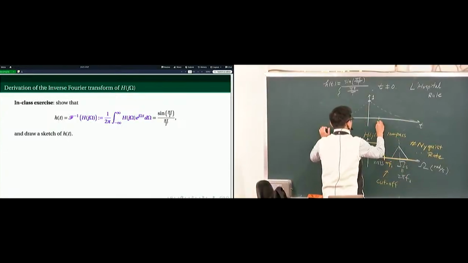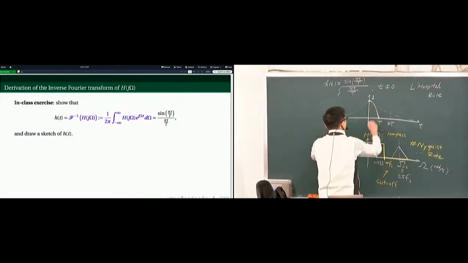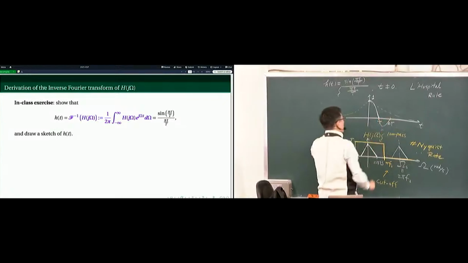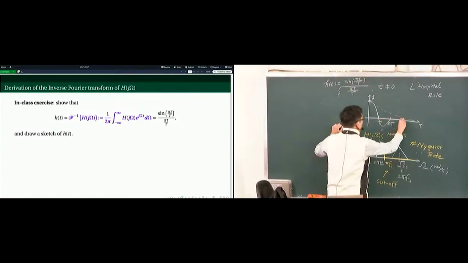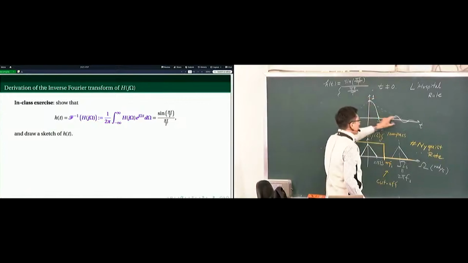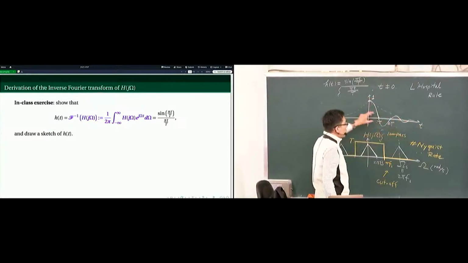Every multiple of T it changes sign. At T it goes to 0, then crosses and changes polarity and goes back to 0 at 2T. At 3T it again comes to 0, and 4T and so on, while the envelope amplitude attenuates as t approaches infinity.